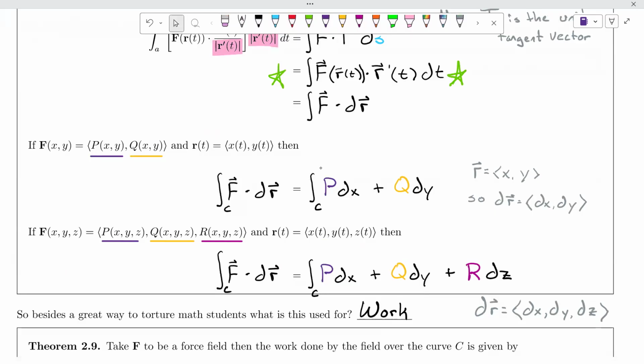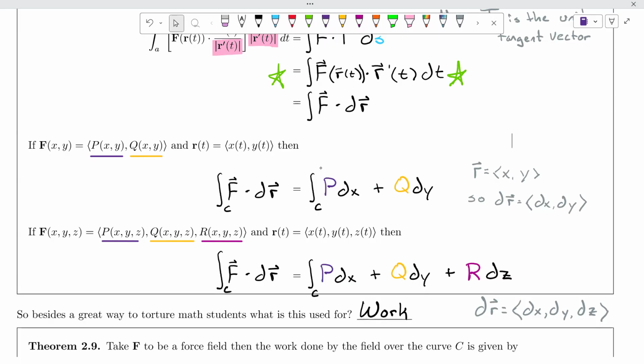Okay, so if my field is a 2D field, then it's just going to be P, Q. I can have my parameterization, which is r, then f dot dr can simplify to a scalar integral of just the integral of P dx plus the integral of Q dy.